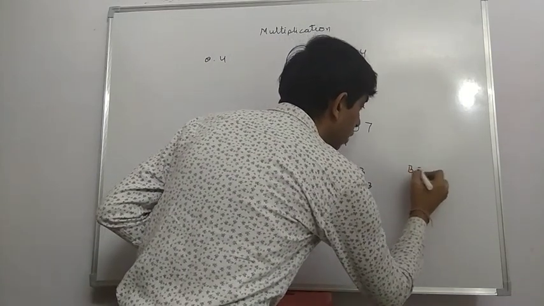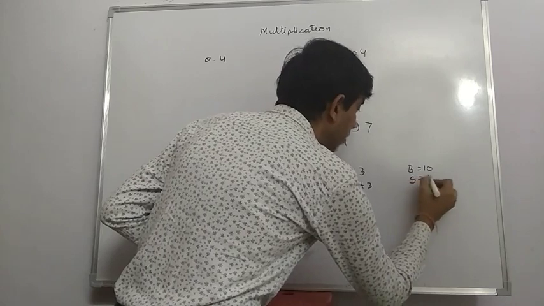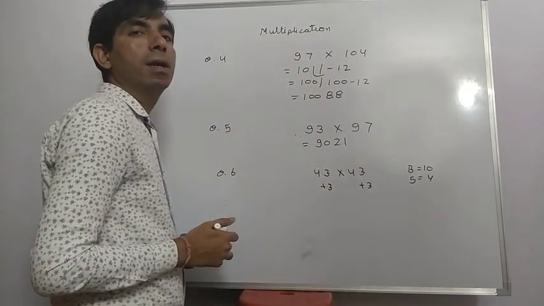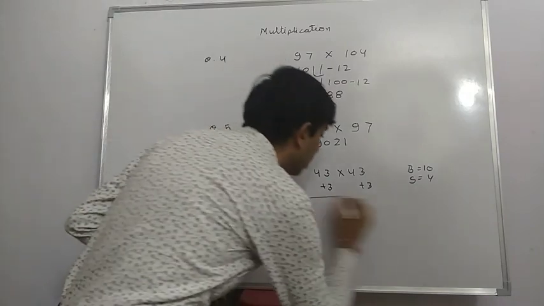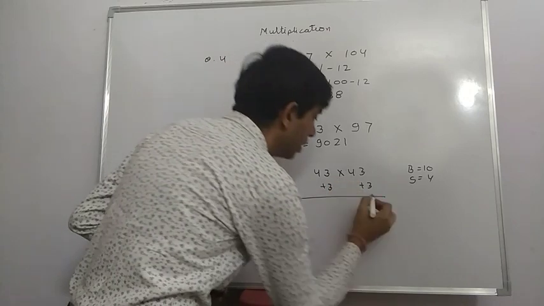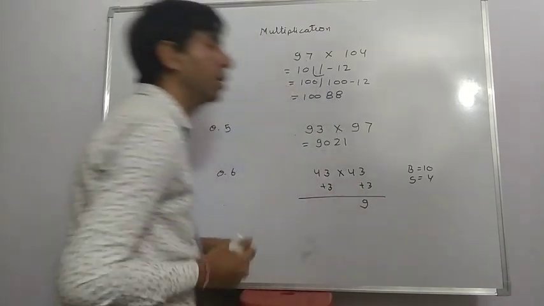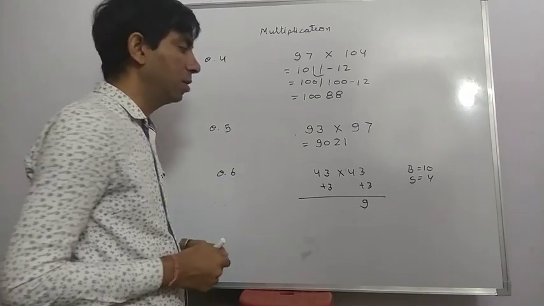And the base, in short form, is 10 and the subbase is 4, because 40 has 4 as its digit. So solving this question, multiply the deviations to each other. Then 3 times 3 is 9. And here the base is 10, so we write the answer in 1 digit.